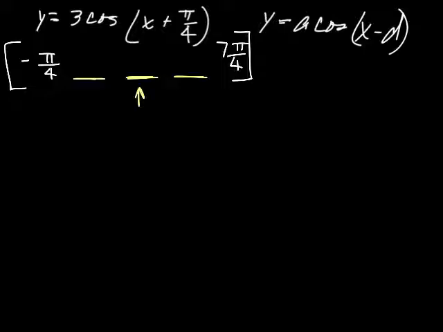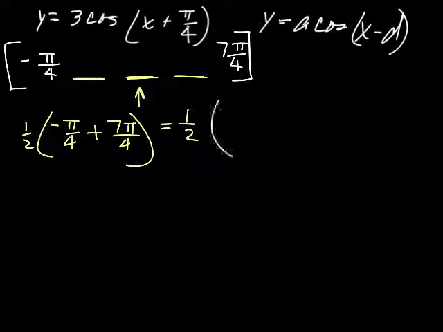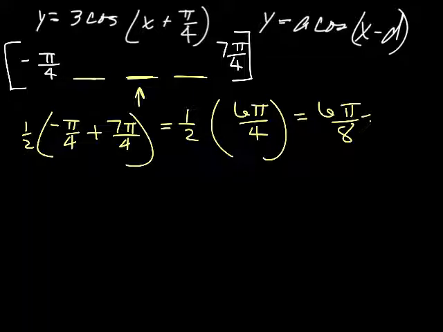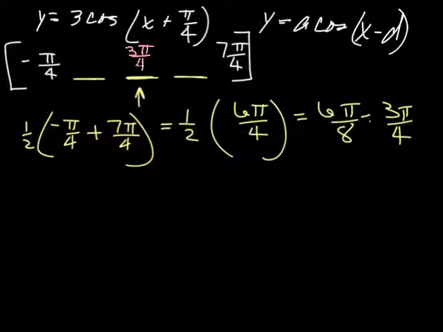So we're going to take 1/2 of the sum of negative pi over 4 plus 7 pi over 4, and that will give us our halfway point. So 1/2 times 6 pi over 4 is 6 pi over 8, which reduces to 3 pi over 4.